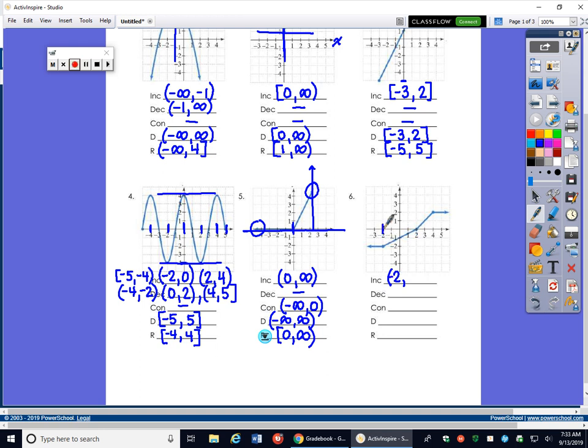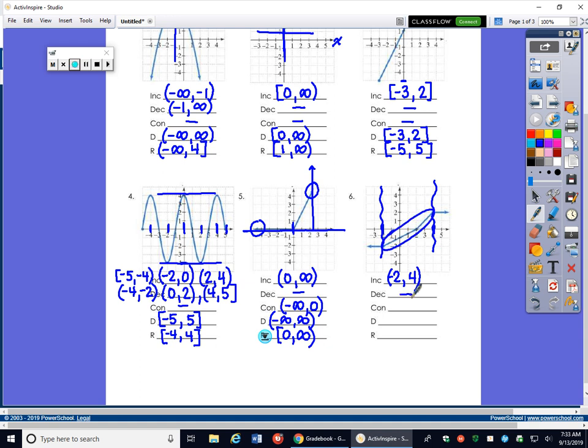It actually starts at -2 and it stops increasing at +4. That was a little bit of an illusion because it makes you think that it's stopping there, but it actually keeps increasing. And that's a change of direction, so we're going to have to use a parenthesis. So this whole area between here and here is increasing, all of it, okay?